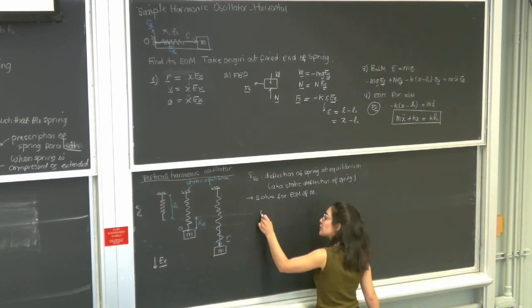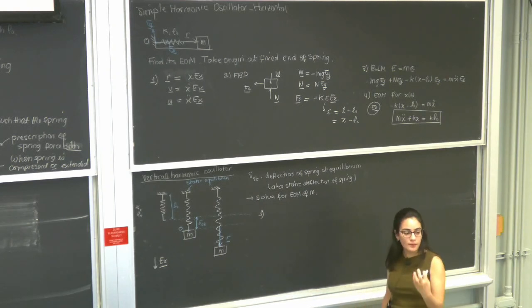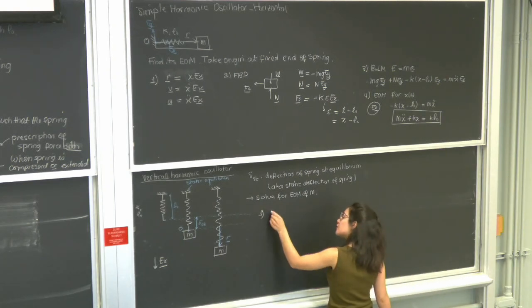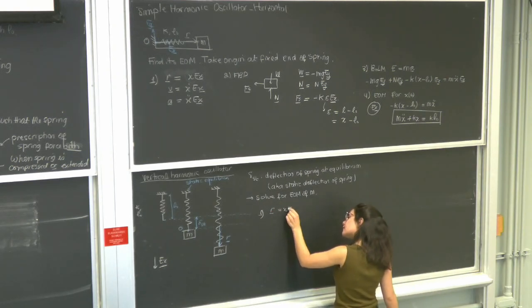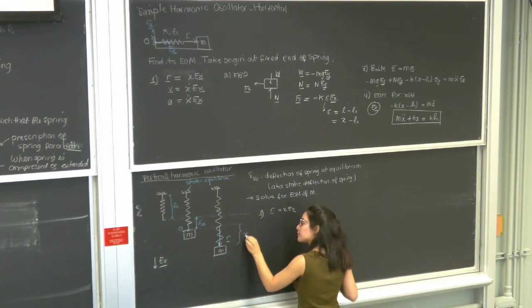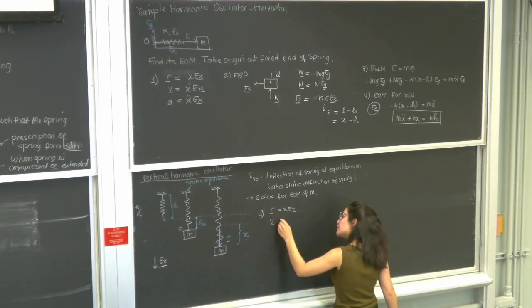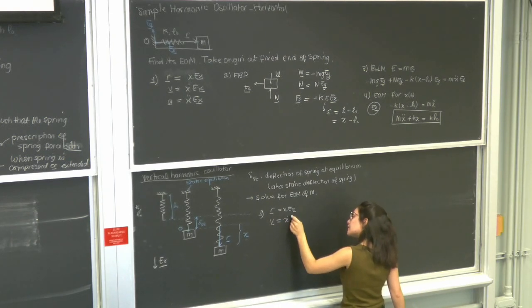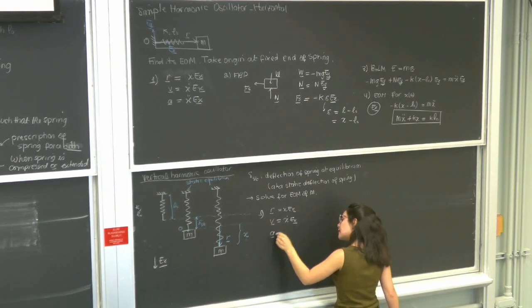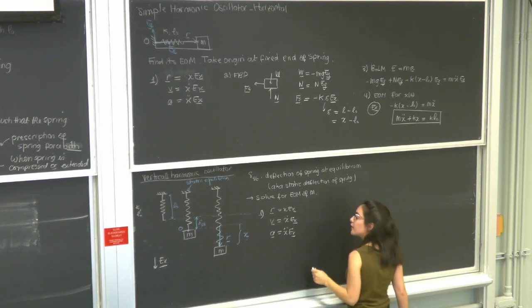I took Ex, I took my origin to be located here, and then I need to write my position, velocity, and acceleration vectors. So R is just going to be x Ex, and this is my distance x from my origin, the length of R. V is x dot Ex, a is x double dot Ex. Okay, then what?